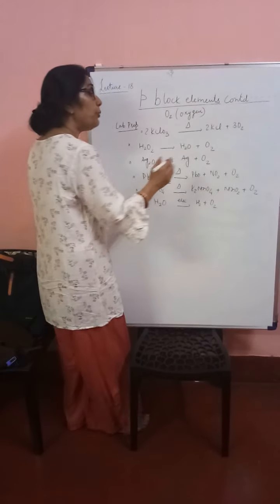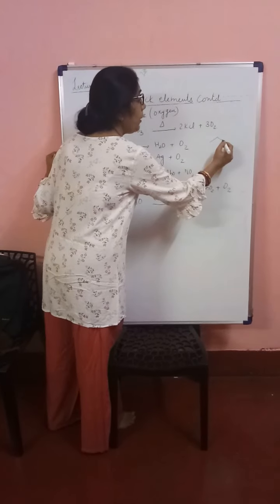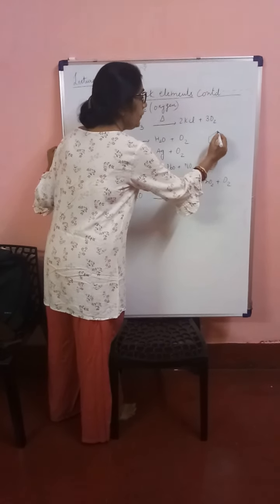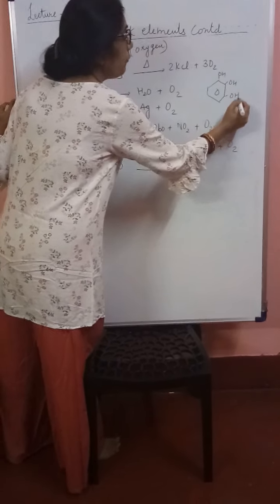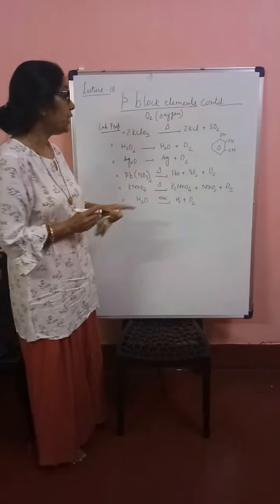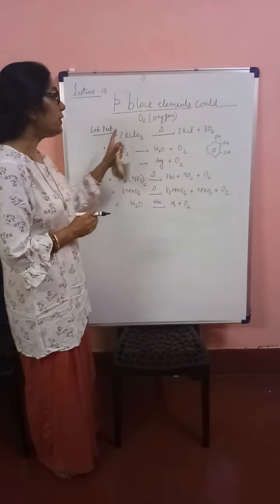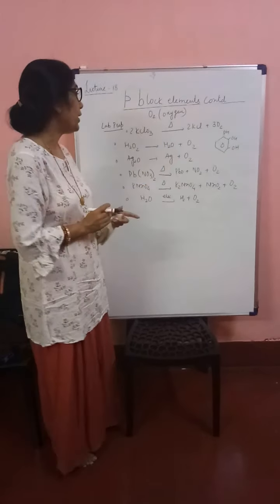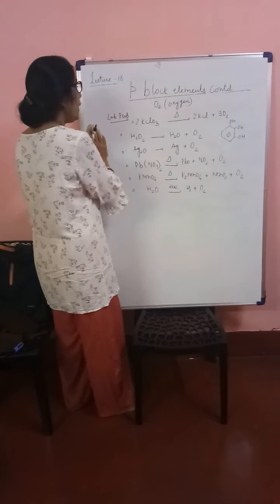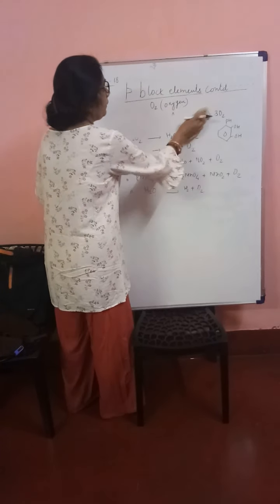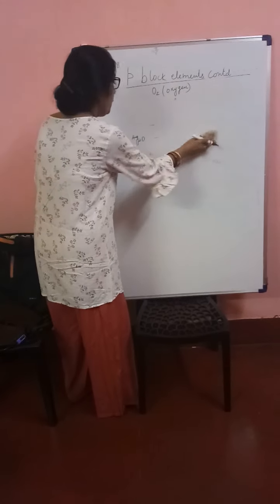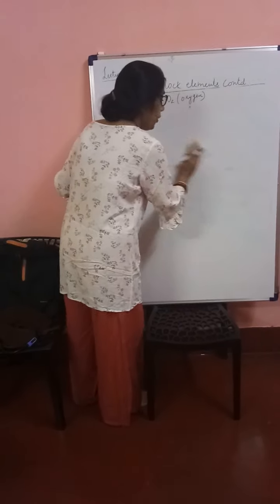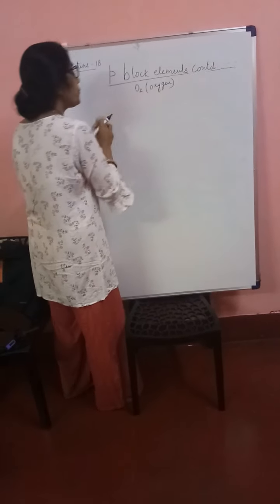But it is soluble in alkaline pyrogallol, children. Pyrogallol is benzene-1,2,3-triol, a trihydroxy compound. Otherwise, it is very less soluble in water. And when it combines with metals, it forms metallic oxides, with non-metals, acidic or non-metallic oxides, and so on.